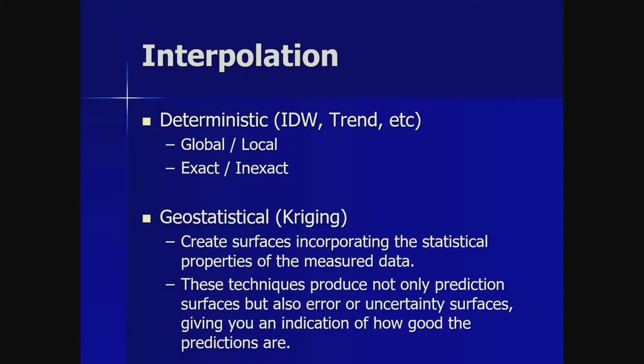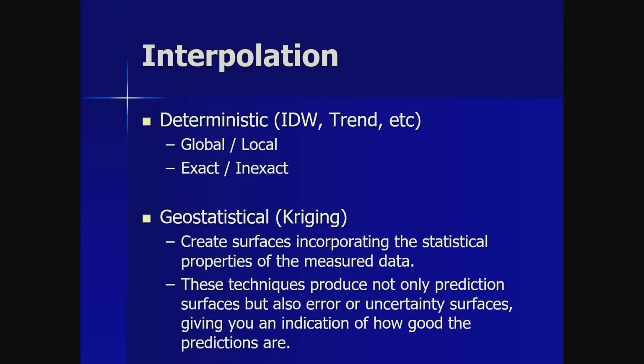Or we might be interested in finding out the same type of information from soils. So we go out and take a soil sample and figure out how much lead or how much iron, different chemicals are in it, and then how do we turn that into a map if we just have points? Well, that's what today is all about.